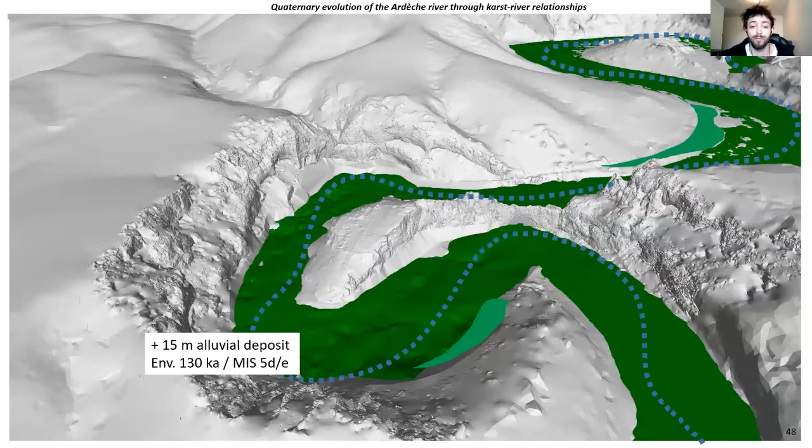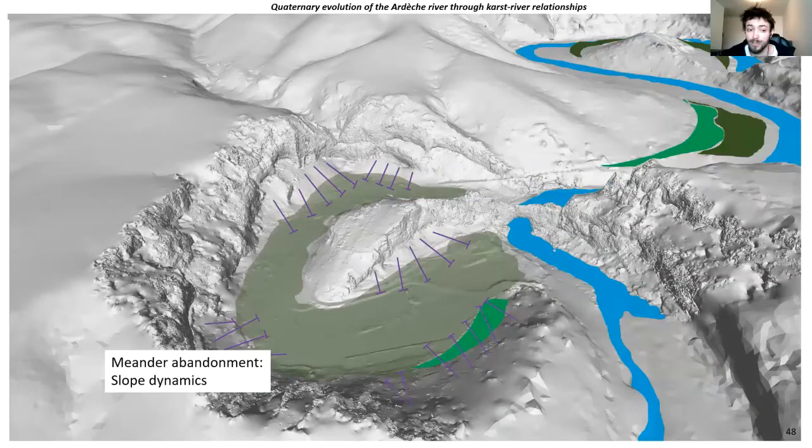Then later, there was another sedimentation period, which dates back to 130,000 years, maybe MIS 5D or E, and which corresponds to the last stage of the meander perennial activity. After this age, the Pont d'Arc arch is open in the landscape, and the meander is definitely abandoned, which leads to slope dynamics that were observed both in the geophysical prospection and in the 3D model.